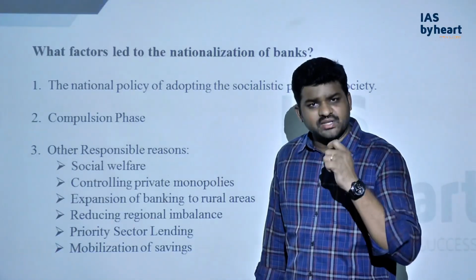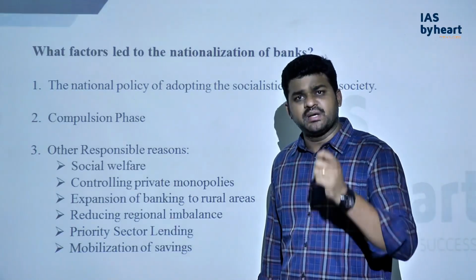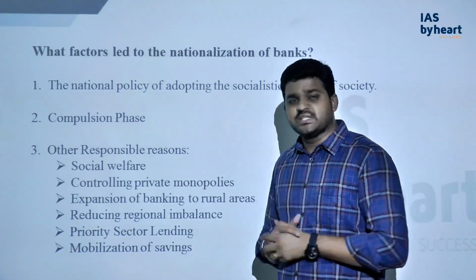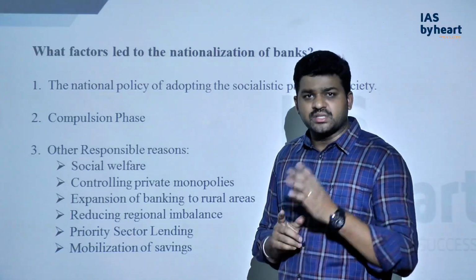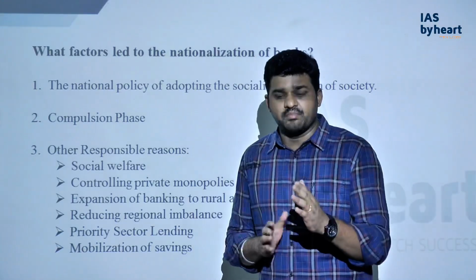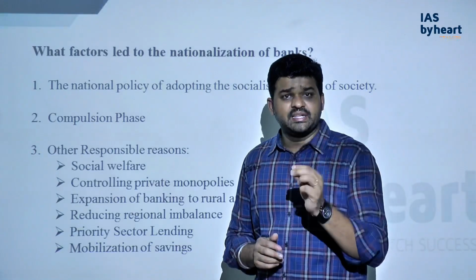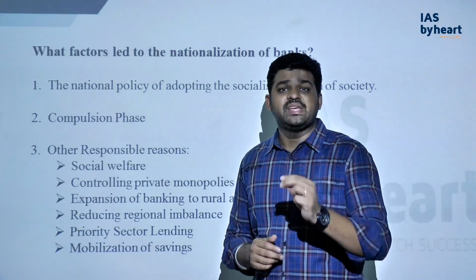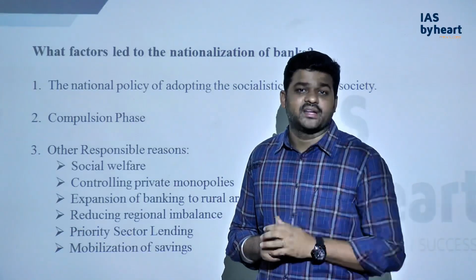Then the second is the compulsion phase. Actually, what was the compulsion? Why did the government have to acquire the shares from the private banks? The compulsion was the third 5-year plan, which ran from 1961 to 66. The third 5-year plan was a historic and monumental failure. Why?